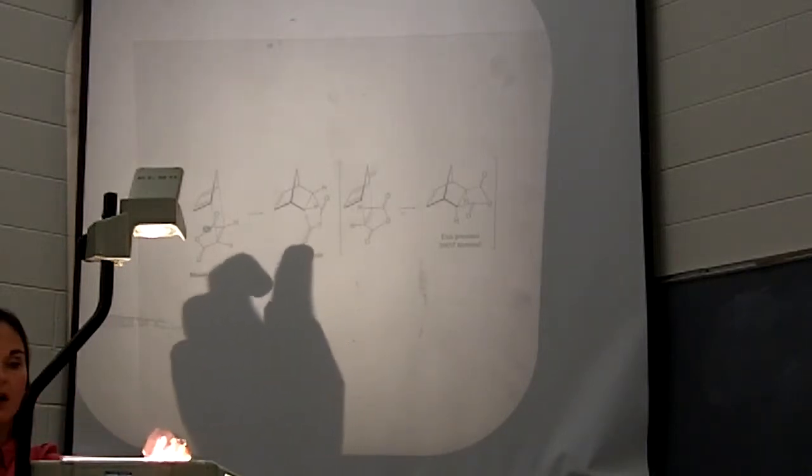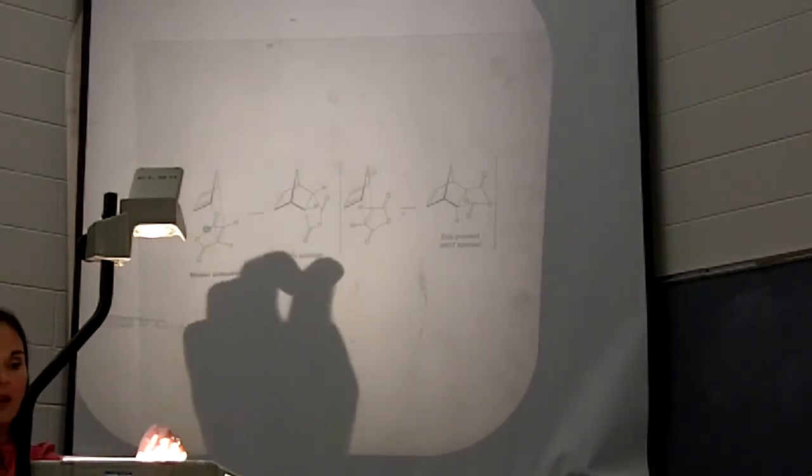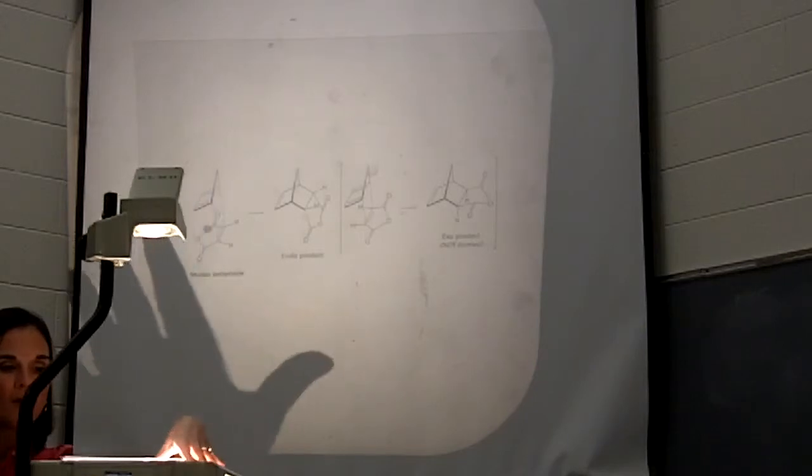So you want everything to be lined up so it has as much orbital overlap as possible. Things are lined up on top of each other. And in doing that, what you will always form is what's called the endo product, okay? And endo refers to this configuration.